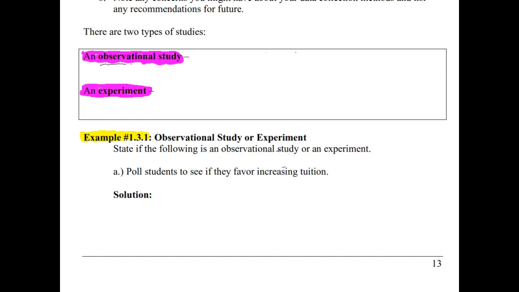So there are two types of studies. The first is an observational study, where the root word here is observe. This is when the investigator collects data merely by watching or asking questions.